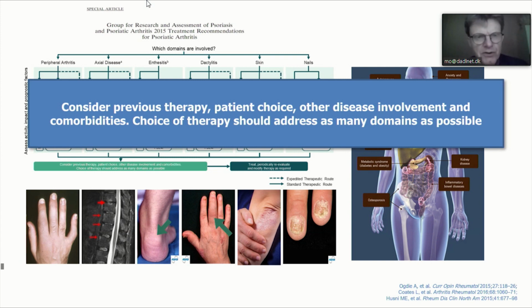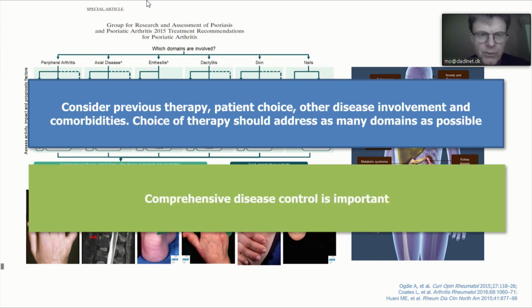And obviously, we should try to address as many of those problems as possible at the same time point. So in that way, disease control in a comprehensive way is important.